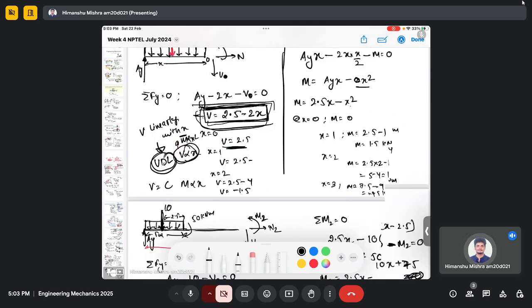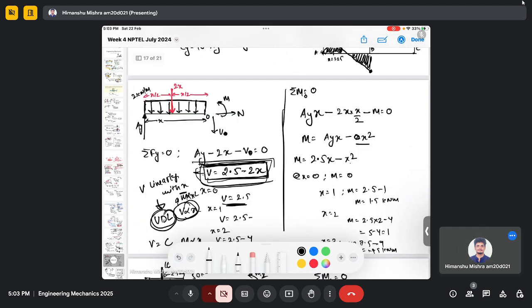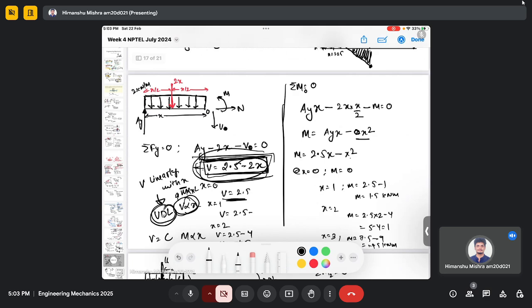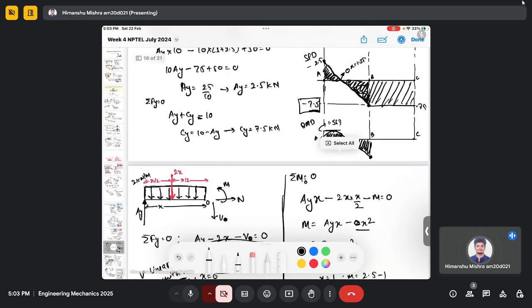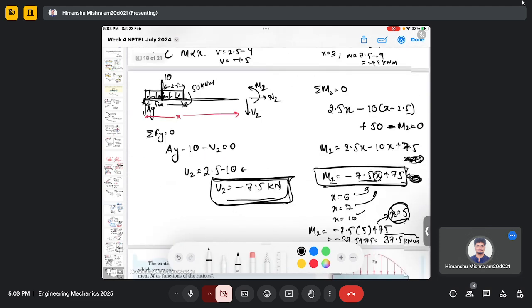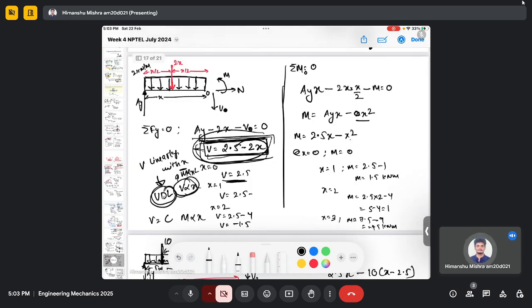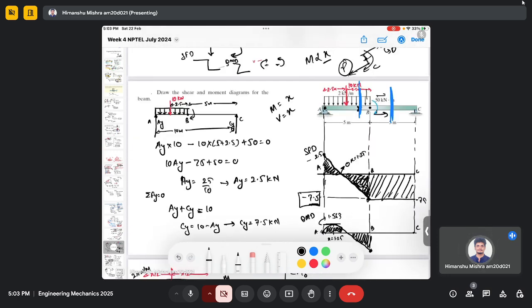In the shear force, you got the same thing, because from the earlier analysis at x equals 5 you get minus 7.5 shear force, and from the present analysis at x equals 5 you get the same shear force, minus 7.5. But this is not the case with the bending moment because of this couple.